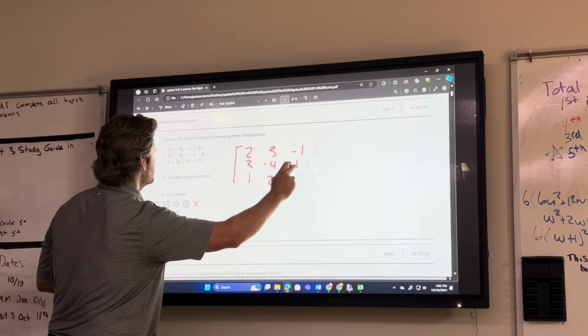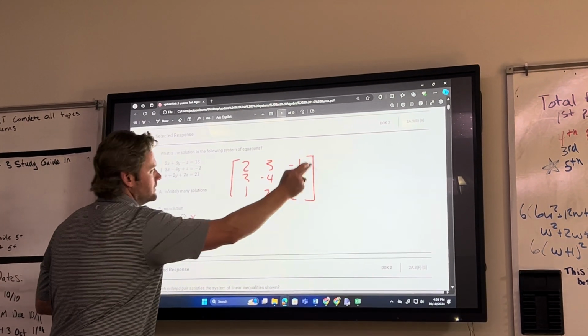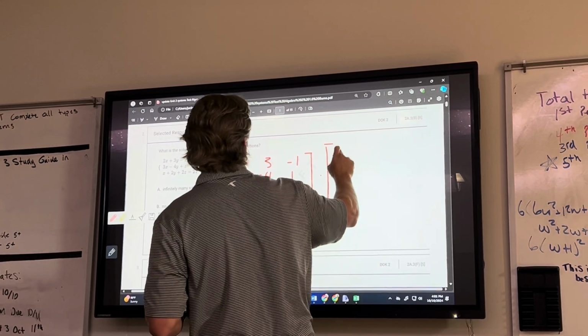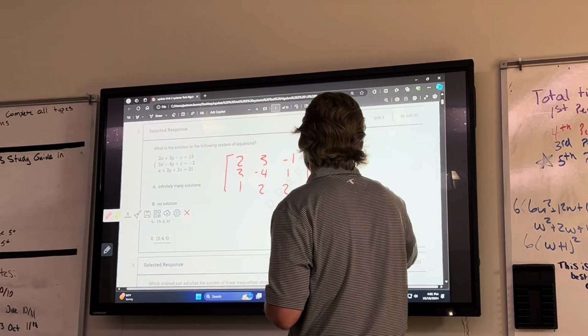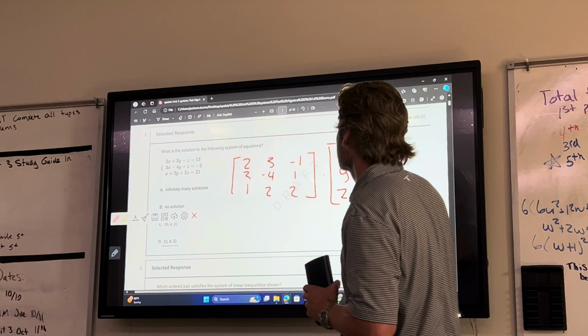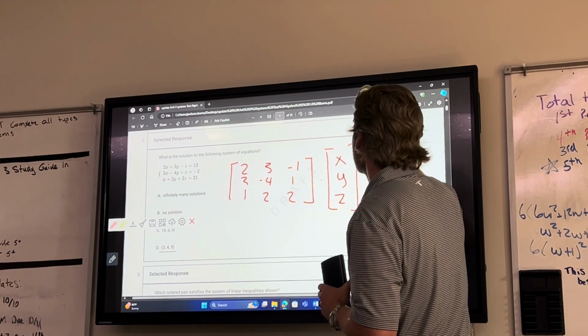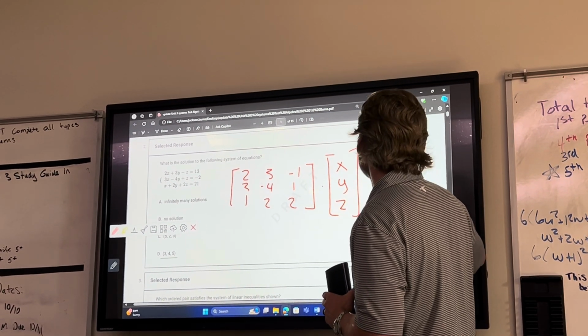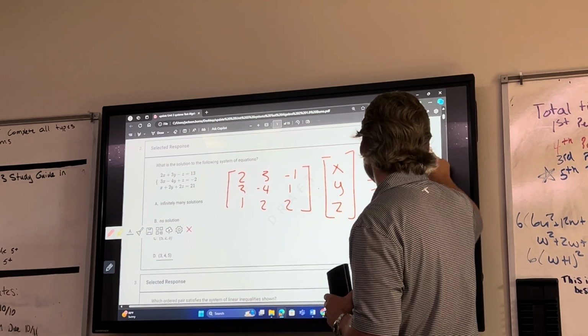Negative 1, 1, 2. All right. When I'm doing it, I have my x, y, and z. That's what I'm going to return with. Equals my answer matrix, 13, negative 2, and 21.